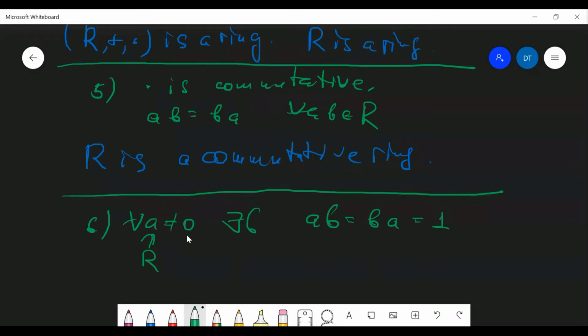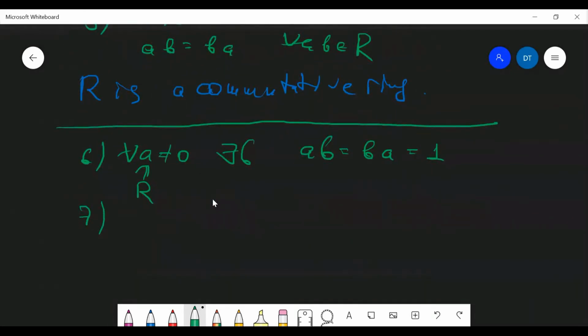And also the axiom number 7, saying that the neutral element with respect to multiplication, which is 1, is not the same as the neutral element with respect to addition, which is 0. So 0 and 1 are to be different elements. If these two axioms are also satisfied, then we will say that R is a field.